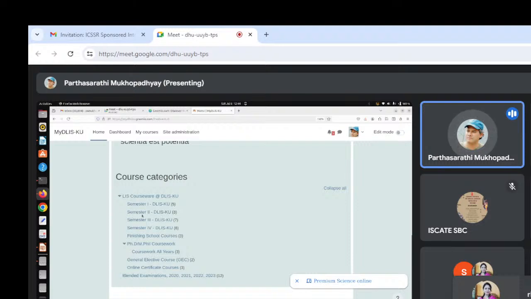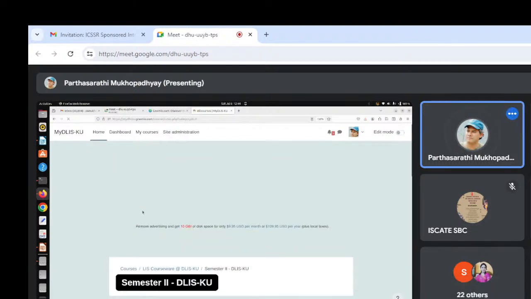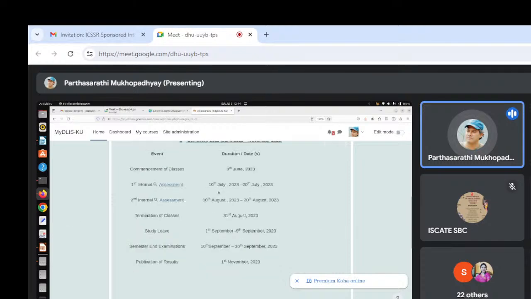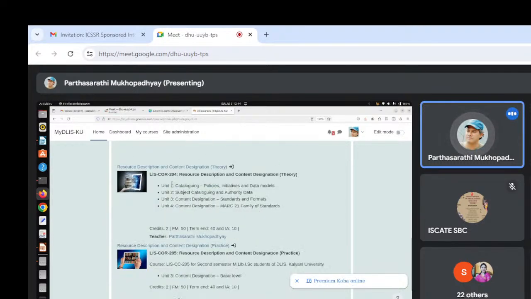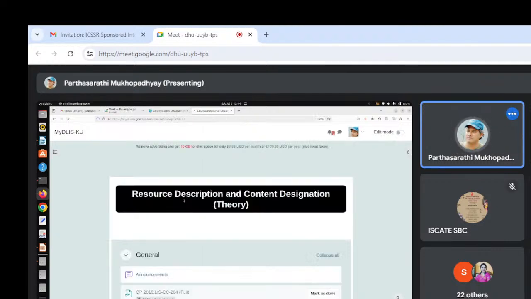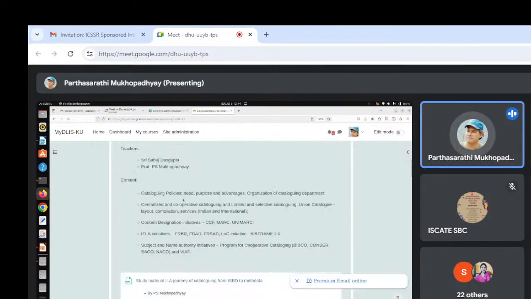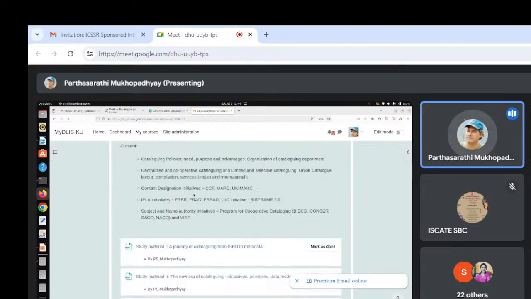If you click on any of these semesters, for example the present semester 2 that is going on, you can see the entire academic calendar, then the courses I teach are available from here.